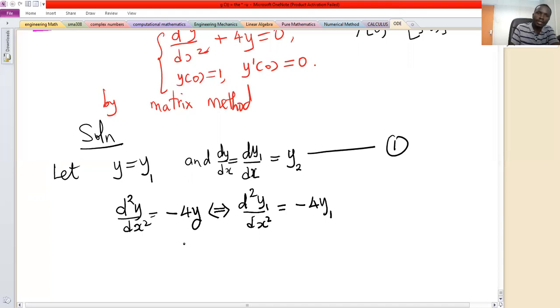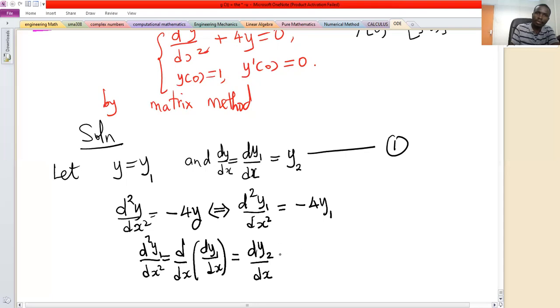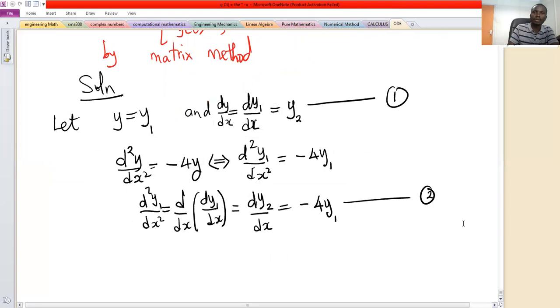And then to get d squared y1 dx squared is the same as d dx of dy1 dx, and dy1 dx is y2, so the same as dy2 dx, which is the same as minus 4y1. So call this one equation 2. So from 1 and 2, we have a system of two linear differential equations of first order.